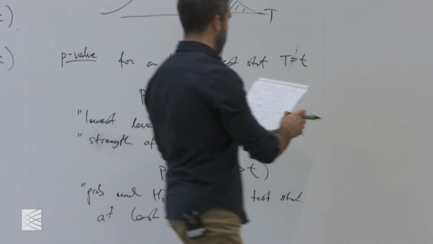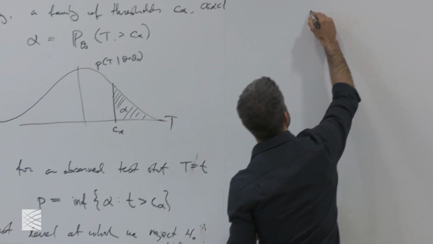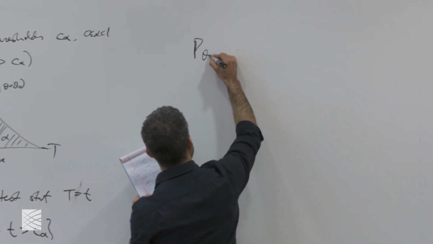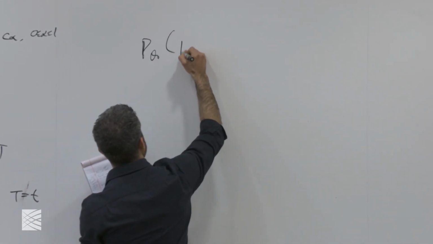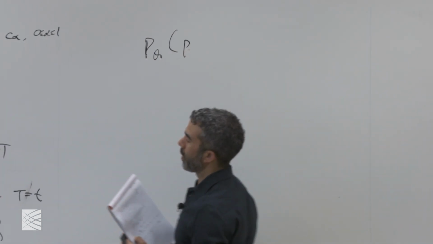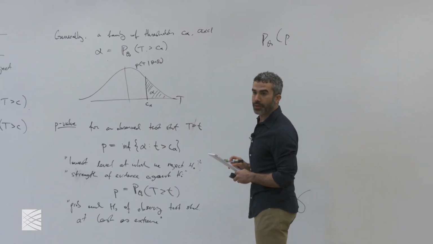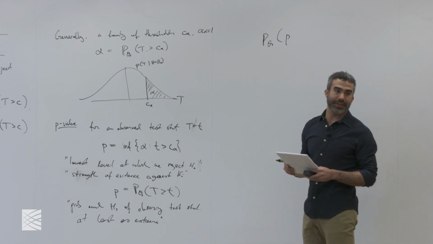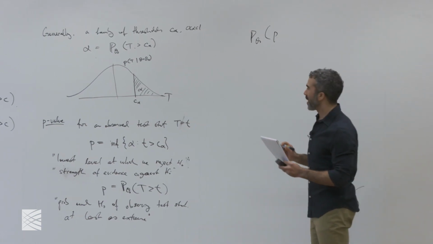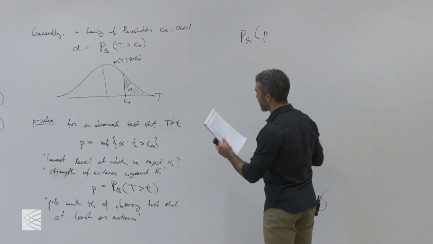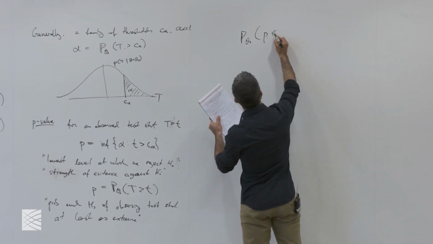And one more little note about p-values. What is the distribution of the p-value under the null hypothesis? You might know this by heart. It's a good thing to know by heart. I would even say maybe you should know it by heart, but I will derive it or remind you.